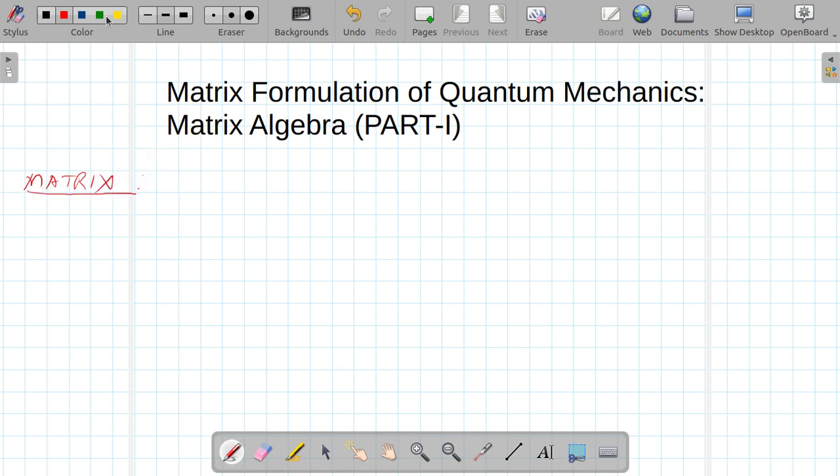So a matrix is a set of numbers or functions, and the numbers may be real or complex, in a 2D square or rectangular array.